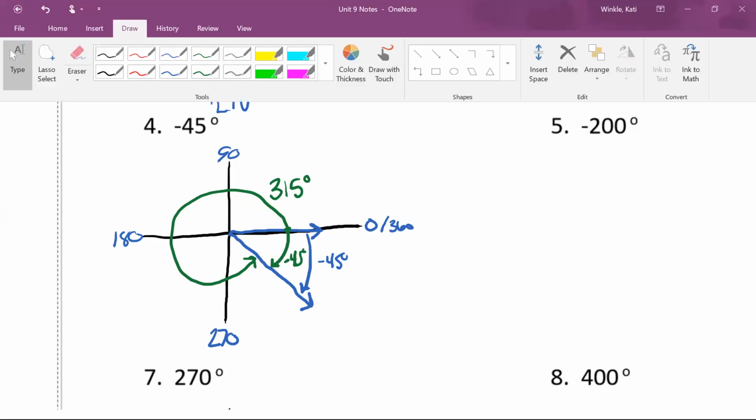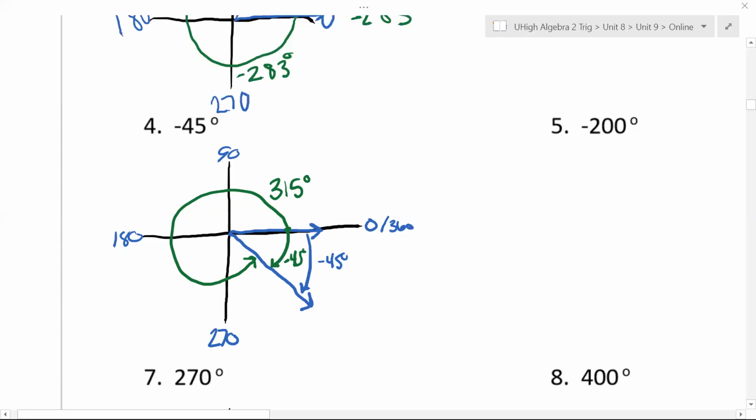And the last one that we have is that reference angle. So I start at my terminal side, and I go to the x-axis. So that's going to be a 45 degree angle. So this one is going to be a little bit different.